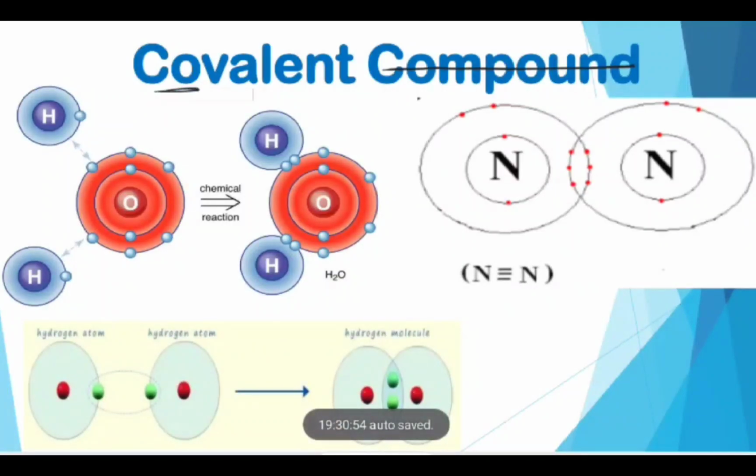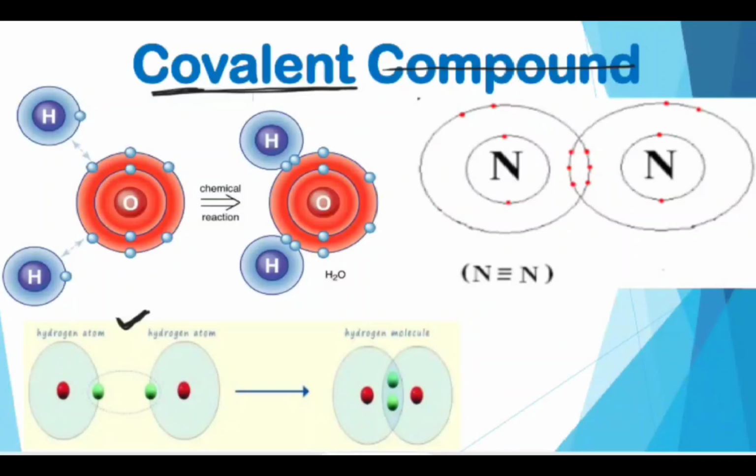The word co simply means sharing. So the valent electrons are shared and a bond is formed. Alright, so if you look at this example of hydrogen. Children, we know that hydrogen has one electron in its outermost shell.